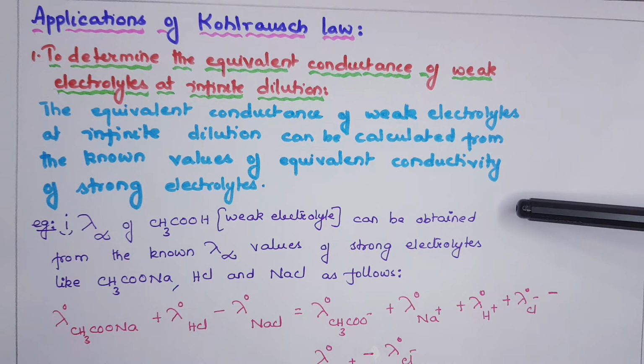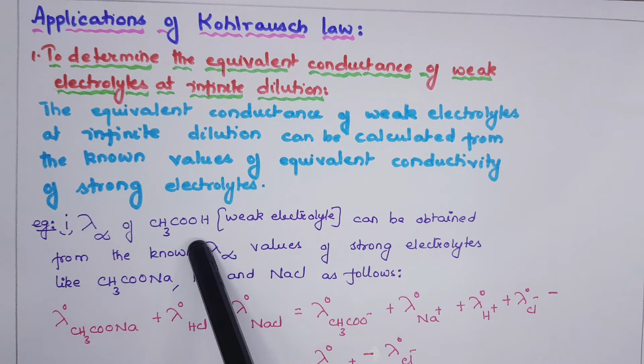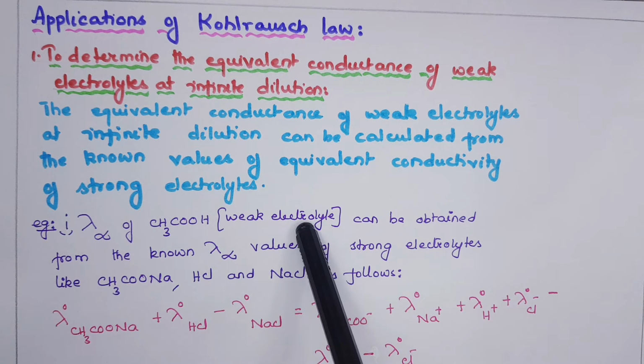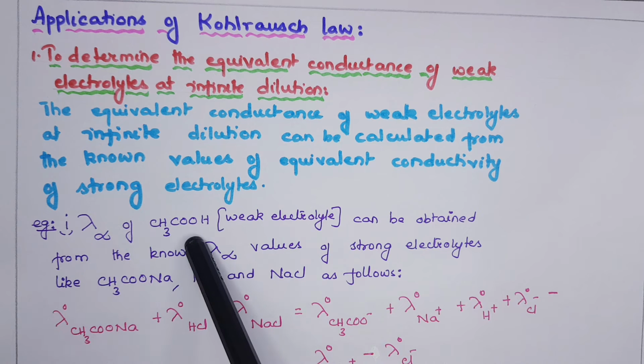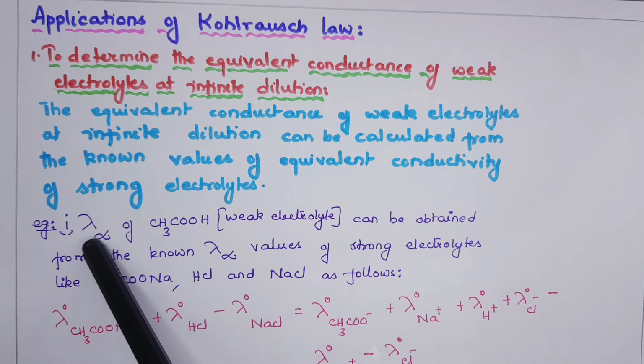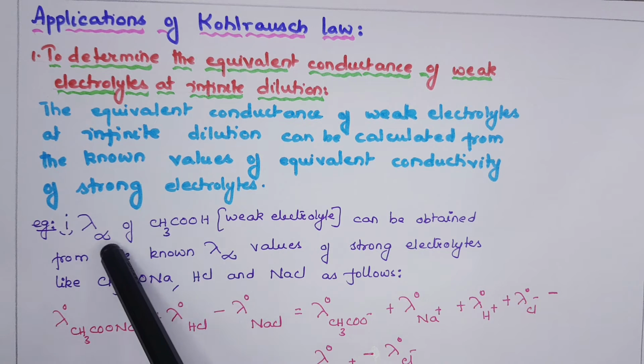The first example that I have taken here is acetic acid, CH3COOH. It is a weak acid. What is lambda infinity of CH3COOH? Equivalent conductance of acetic acid at infinite dilution.